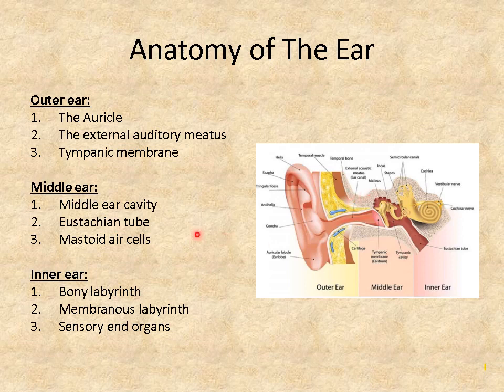These three together, we call them the middle ear cleft. The inner ear is composed of the bony labyrinth. If we open or break this bony labyrinth, inside we'll find the membranous labyrinth and the sensory end organs.